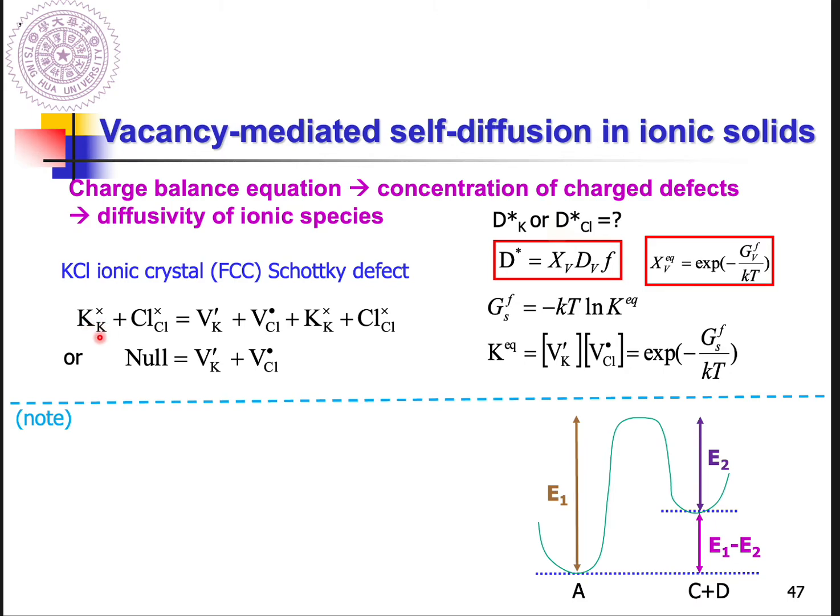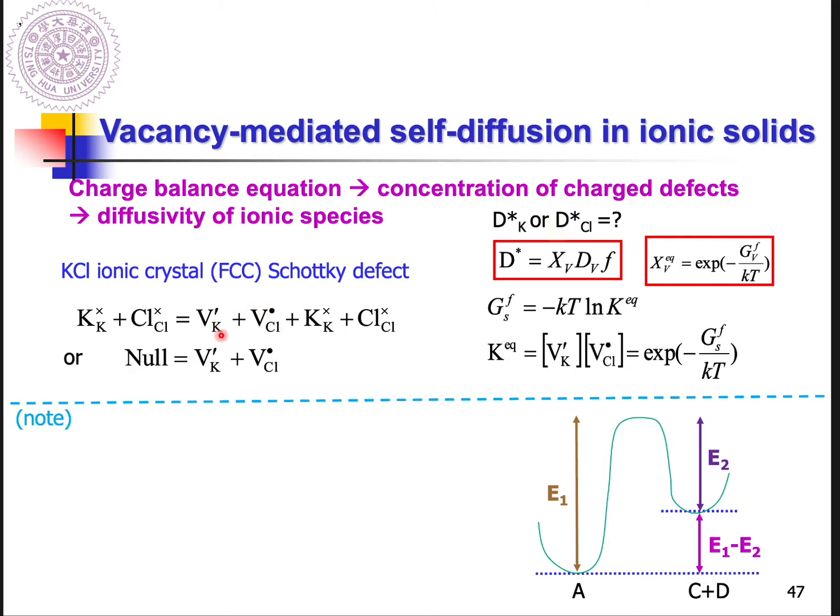The chloride ions are located at chloride sites, so it's perfect before we observe some Schottky defect. If now a Schottky defect is formed in this crystal, then you observe a pair of vacancies form, a pair of vacancies V_K prime and V_Cl dot.